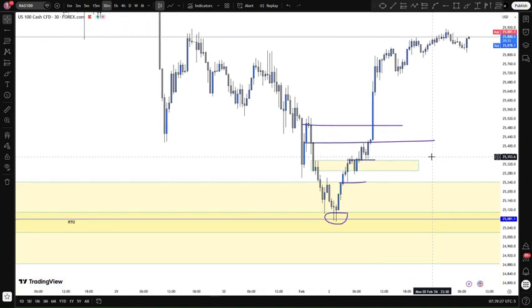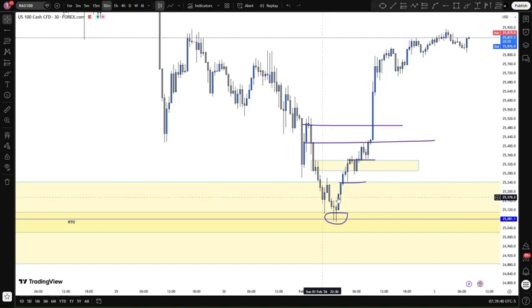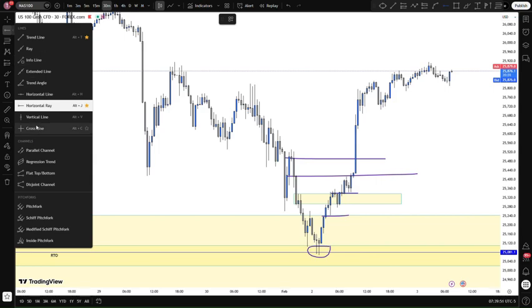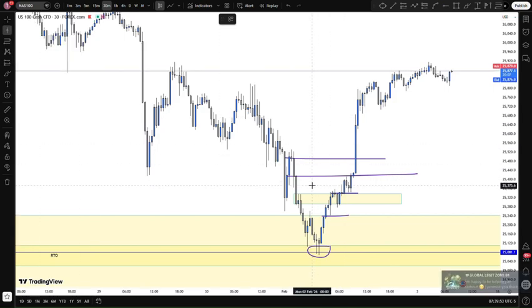You could also be using standard deviation, because I'm seeing a standard deviation projection around here, which would usually show you that if you're going up, you could be mapping the Asian range, when you're looking at the Asian range to find the manipulation.